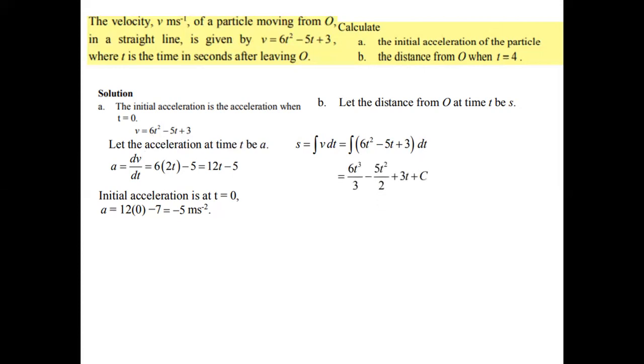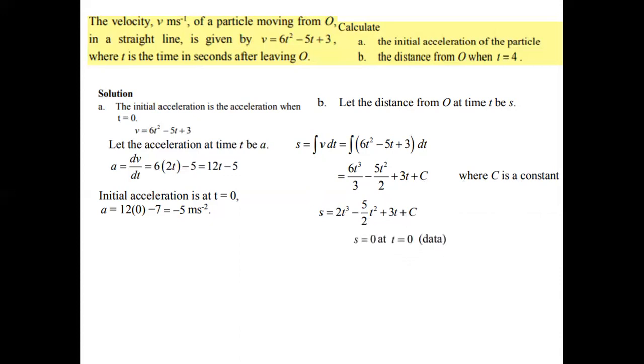This becomes s now is equal to 6t cubed all over 3 minus 5t squared all over 2 plus 3t plus c, where c now is the constant. If we're going to further simplify this one, this becomes s is equal to 2t cubed minus 5 halves t squared plus 3t plus c.